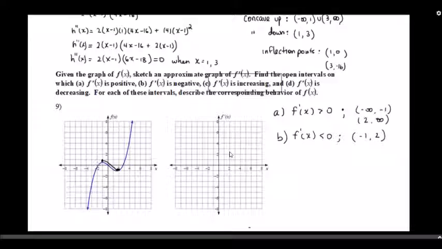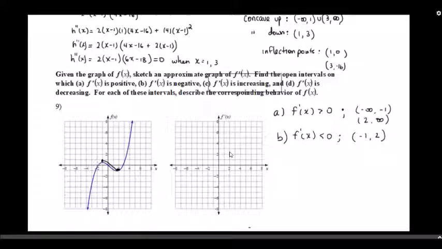So what we're talking about with the second derivative is concavity. So if you remember from section 3.3, when we talked about the second derivative and concavity, if the second derivative is positive, the graph is concave up. Wherever the second derivative is negative, the graph is concave down.